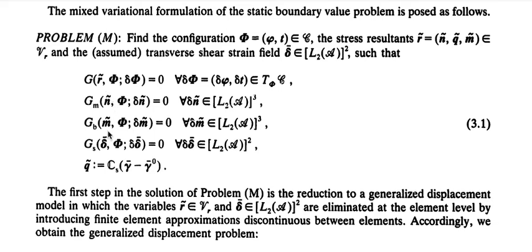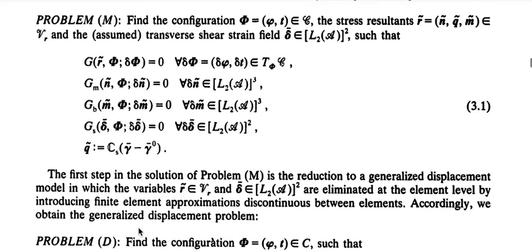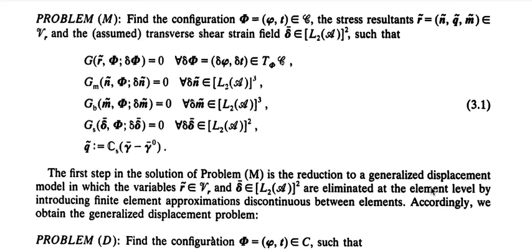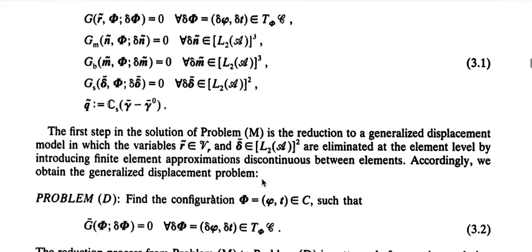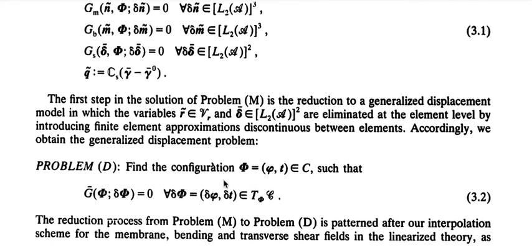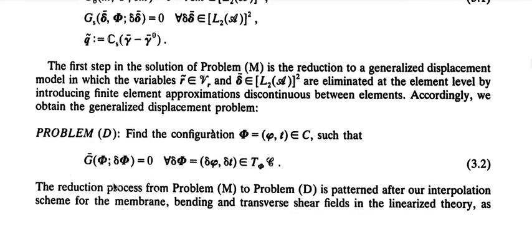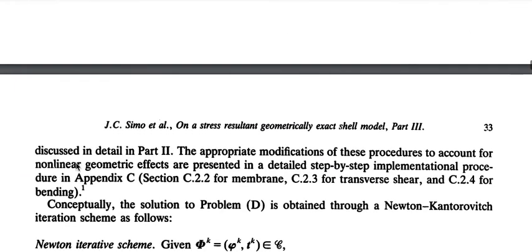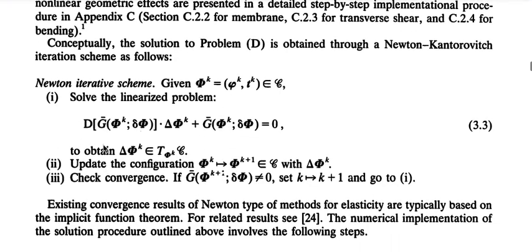In a mixed formulation, we have additional variables R, N, M, etc. to be solved in terms of these variables phi, and then those would be substituted back for each element. This will be solved for each element, and then substituted to form this problem, and then this will be solved. So we are right now at this problem, and we'll be talking about this problem.